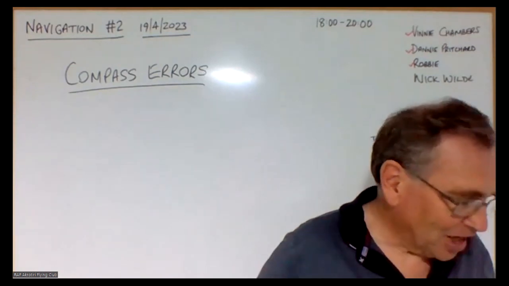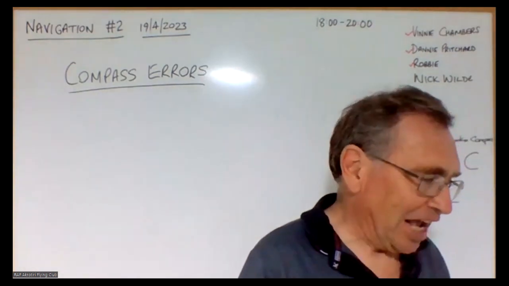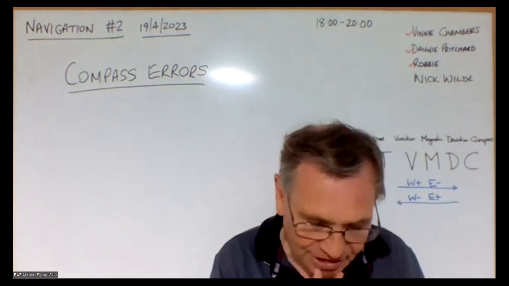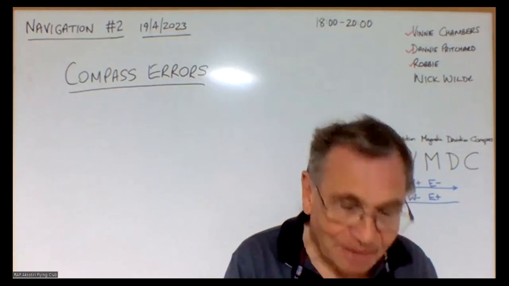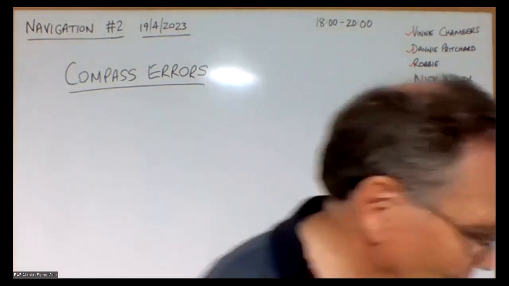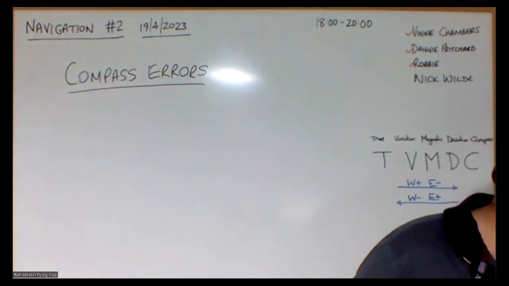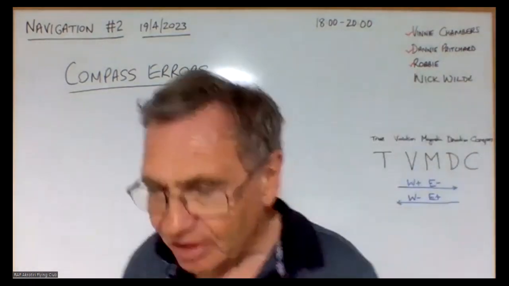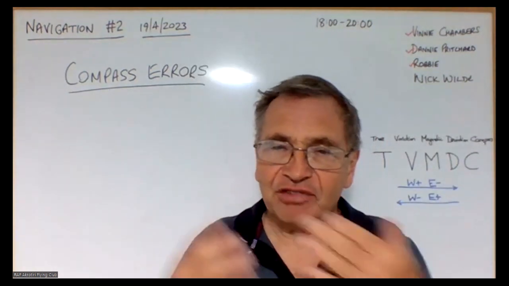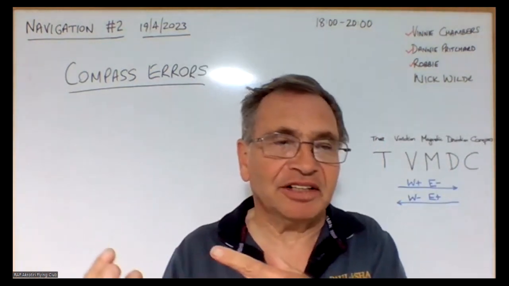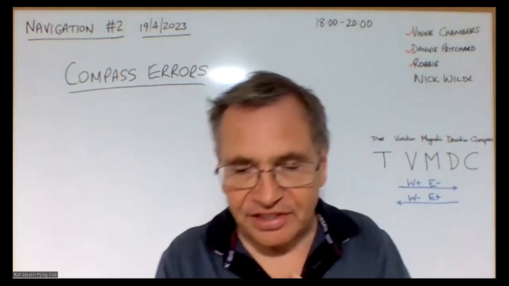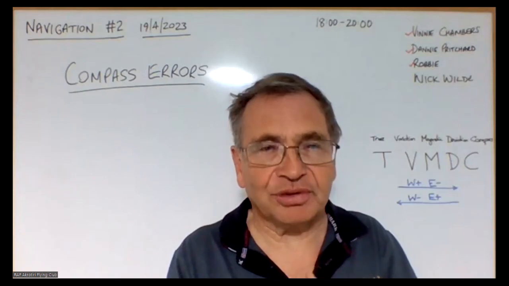I'm going to talk about acceleration and turning errors. Now, acceleration and turning errors are extremely complex bits of physics that's going on. And the books try to explain them by central gravities and forces and weights and all sorts of crap.